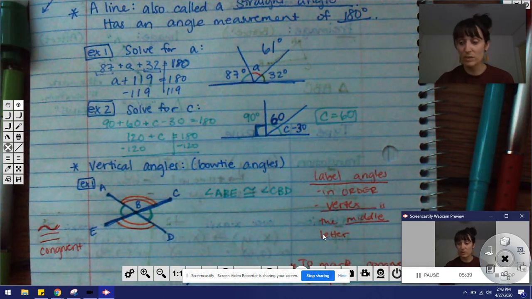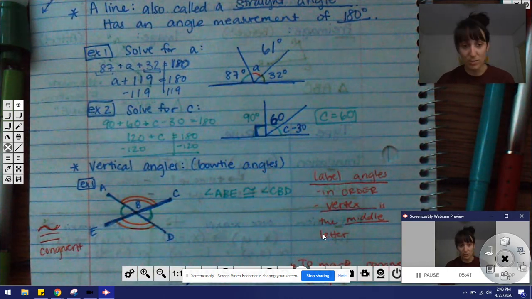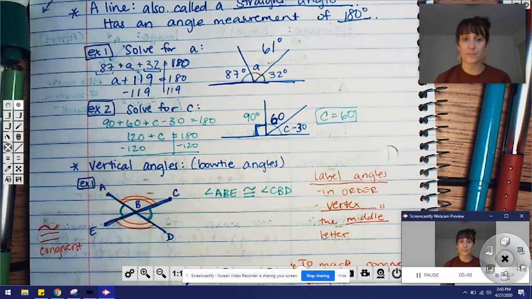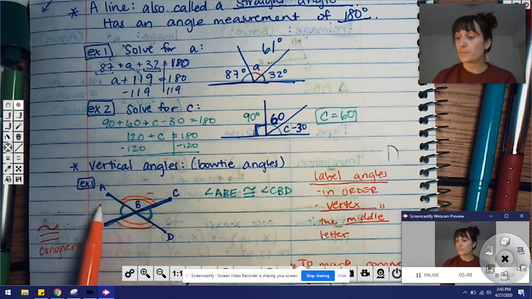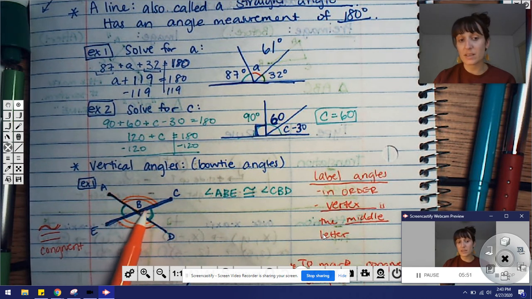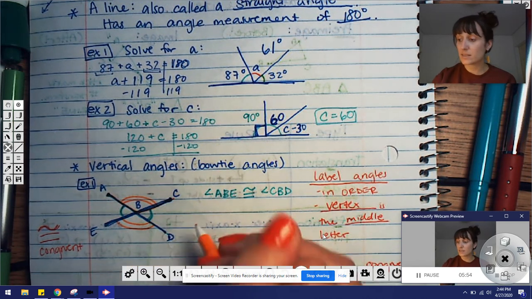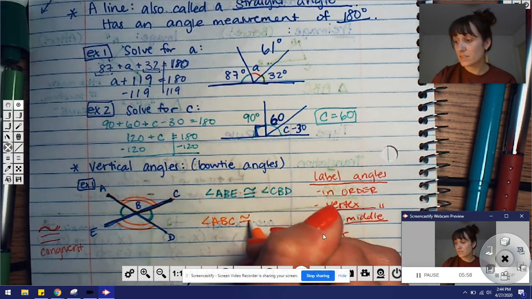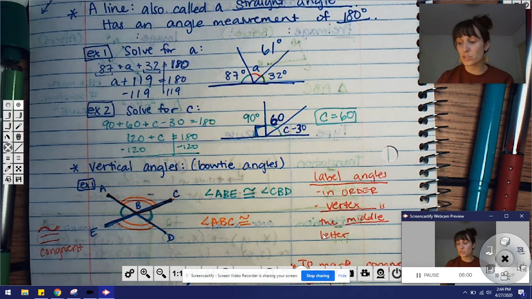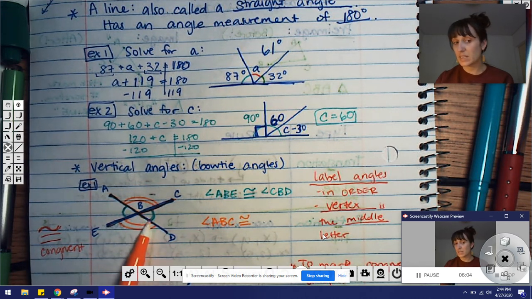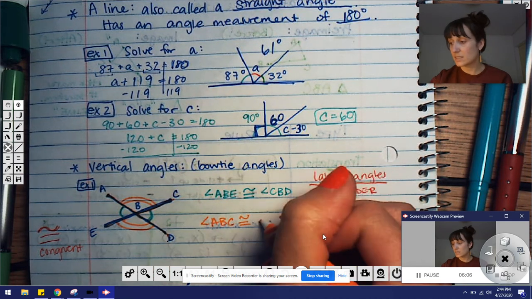The orange bow ties, those angles are across from each other and they are also going to be congruent. So that means angle ABC is going to be congruent to angle EBD.